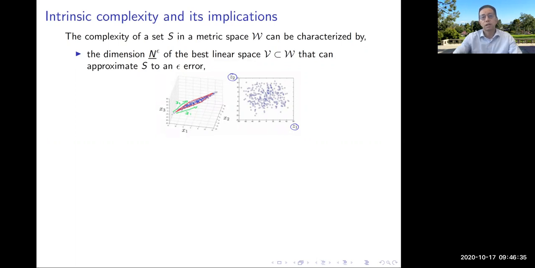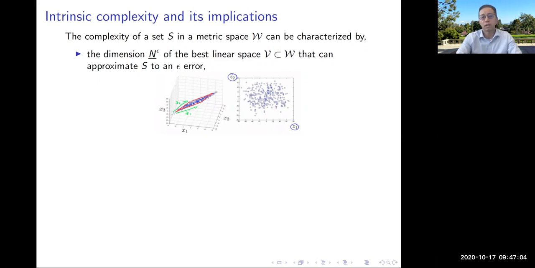Here we say, if we characterize a set S in a metric space, we characterize its richness, or extent, by the dimension of the best linear space. So I'm talking about linear approximation, the best linear space that can approximate the set S to a certain error.